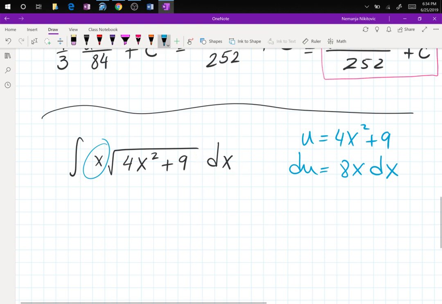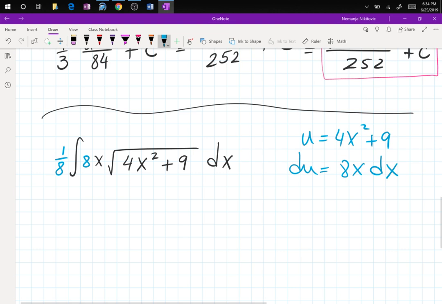So what you can do is you can fix it by placing an 8 and 1 over 8 outside, because they cancel to 1, right? So that's the trick that you can use only for constants. You can't fix the variable this way. Only constants.